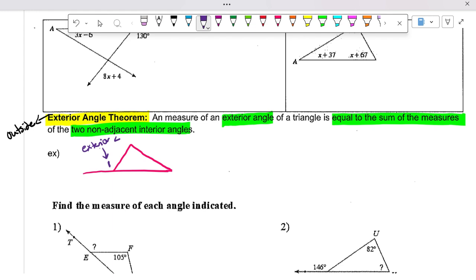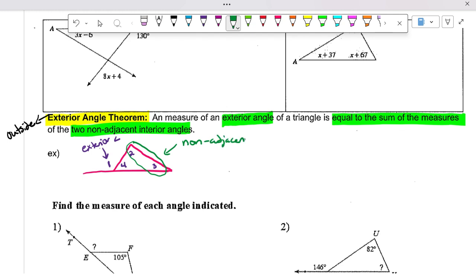Now, I'm going to label the other angles 2, 3, and 4. Now, if I'm talking about the non-adjacent angles to the exterior angle, what two angles are not next to the exterior angle? 2 and 3. So these angles are the non-adjacent interior angles.